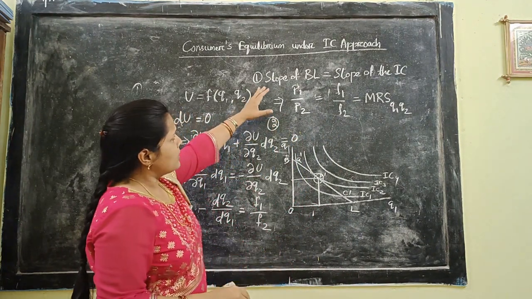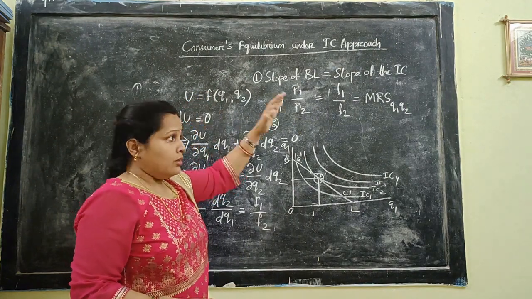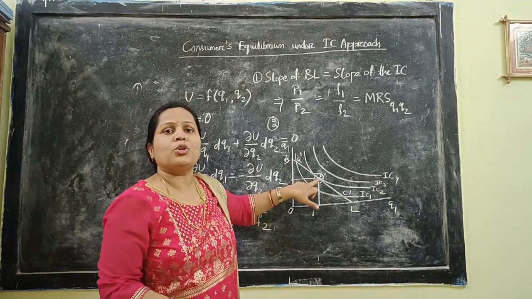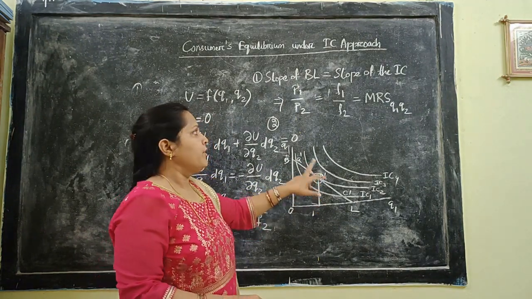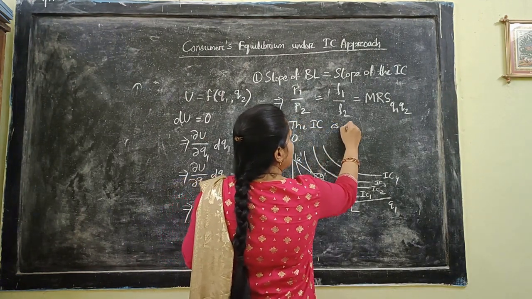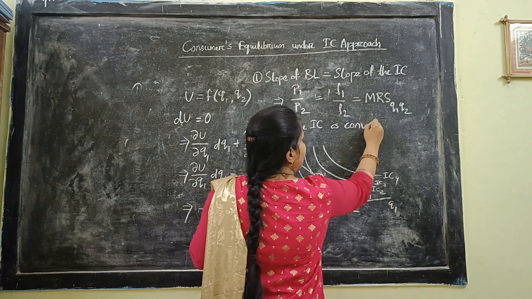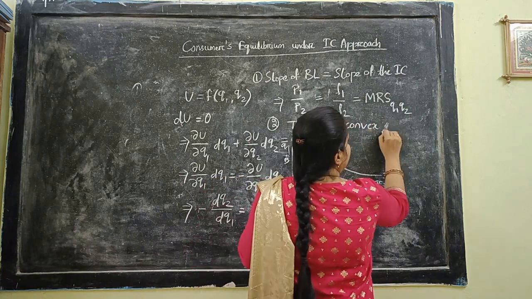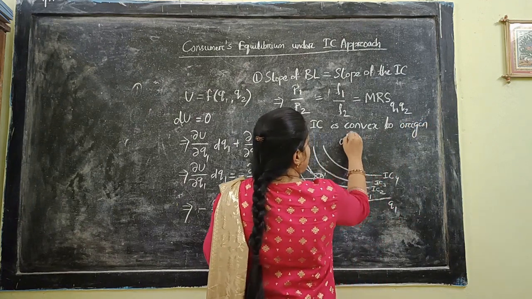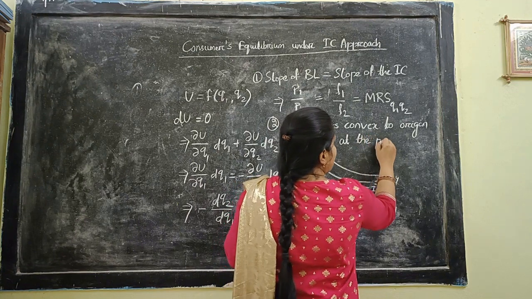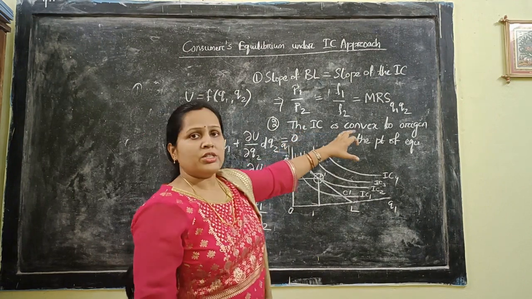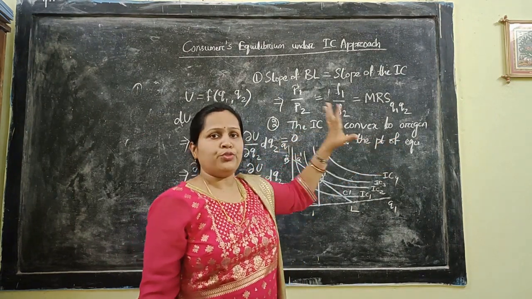is what? The indifference curve is convex to the origin at the point of equilibrium, right? The IC is convex to origin at the point of equilibrium.